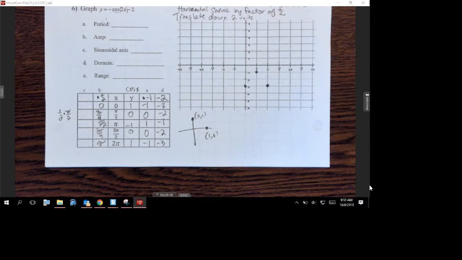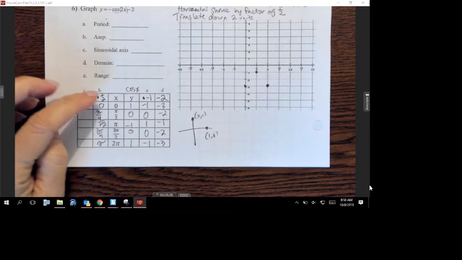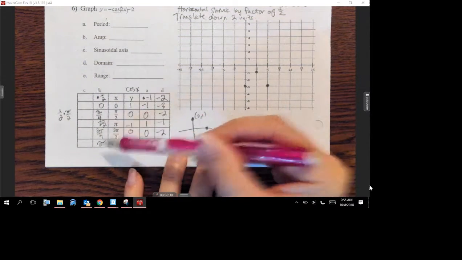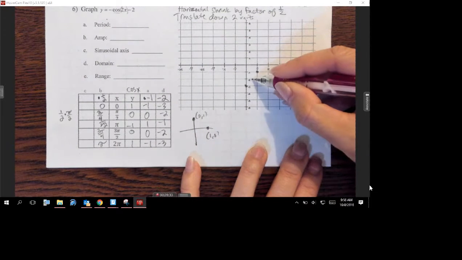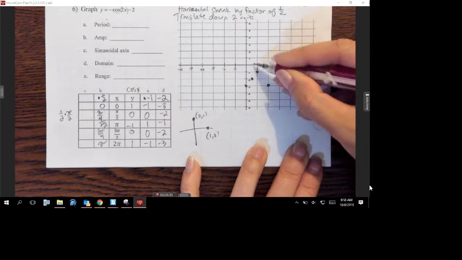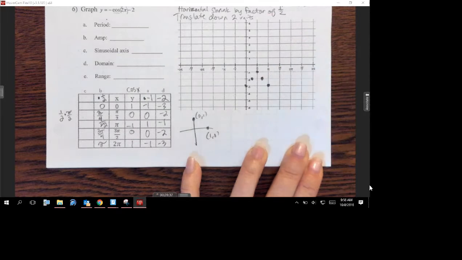Now, some people have trouble on the graphs because there isn't a pi over 4 on your graph. But if I graph the ones that I can see, like I can definitely see where 0 and pi over 2 and pi are, I graph those. Pi over 4 has to be exactly in between 0 and pi over 2. Like these are all evenly spaced. So if you graph some of them, then you can find the middle or the points that you weren't able to locate on your graph. Because they're always evenly spaced on the x value, always evenly spaced.